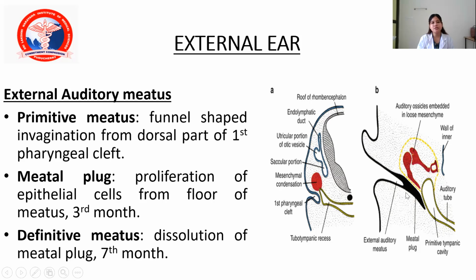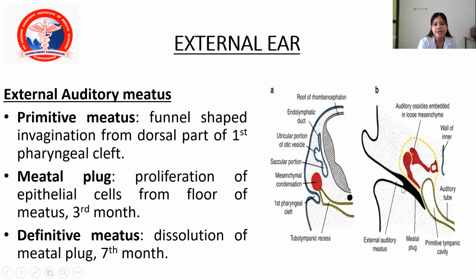So here you can understand that if the proliferation of these cells fails, it will definitely lead to some abnormality. So the external auditory meatus has been formed as a funnel-shaped invagination from the dorsal part of the first pharyngeal cleft.